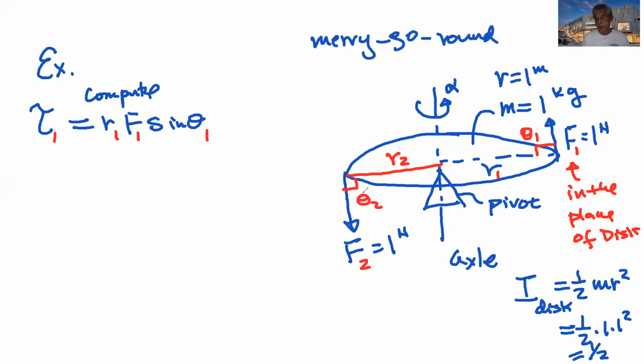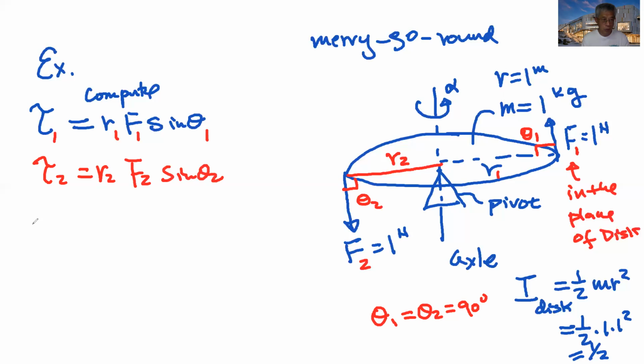In this case, we set theta 1 and theta 2 both equal to 90 degrees. Look at this, they both are helping you in the same direction. If you change the F2 to the other direction, then they will cancel each other out. So now we have torque 2 is equal to R2 F2 sine theta 2 also.